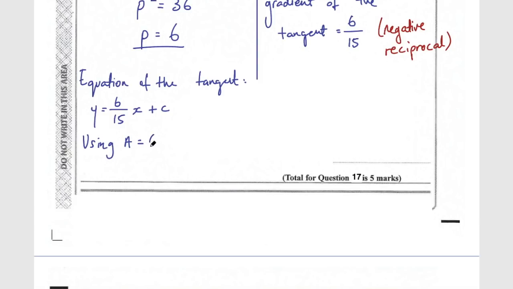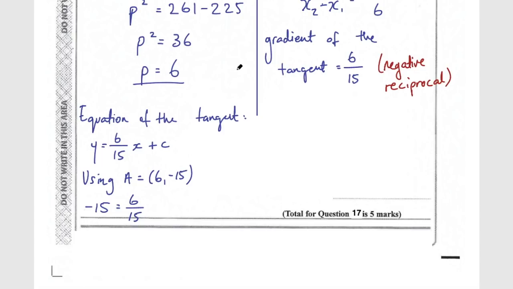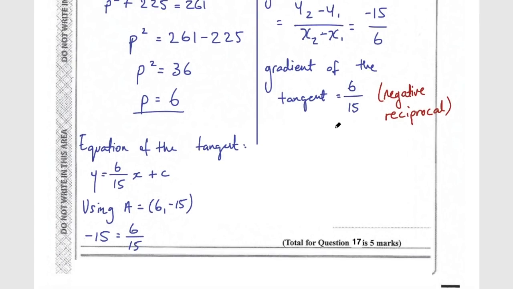So using A equals 16, minus 15, substitute those values into this equation. So minus 15 goes to where the y is, so this will be minus 15 equals 6 on 15. Actually, 6 on 15, that simplifies, doesn't it? So we divide both by 3, that will be 2 over 5.